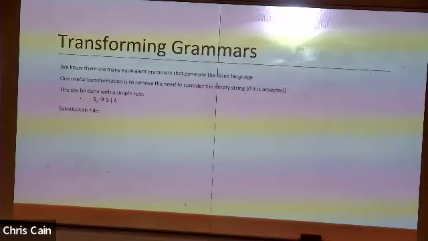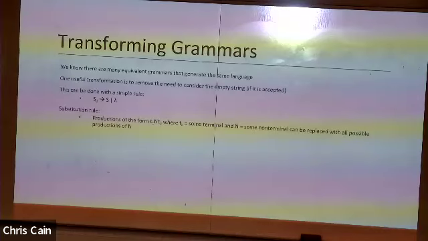We can also have a substitution rule. We're going to look for productions of the particular form: a terminal followed by a non-terminal, followed by some terminal. So we have a non-terminal surrounded by terminals. If we have this particular setup, what it means is that we can look at the definition of the non-terminal and move that upwards in the grammar.